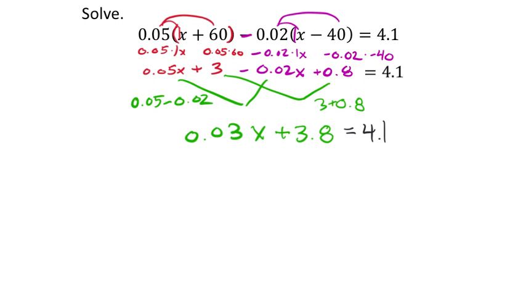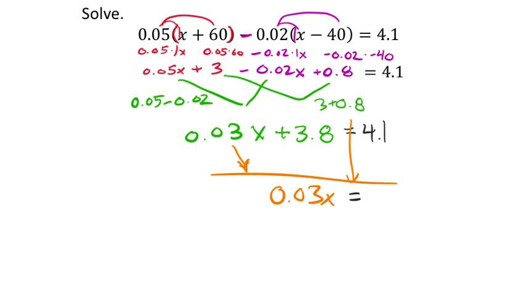Now there is no distribution and no combining like terms. I look at my x term, 0.03x, and I need to drop everything else so it's by itself and equals whatever it equals. So the plus 3.8, we can't have it there.